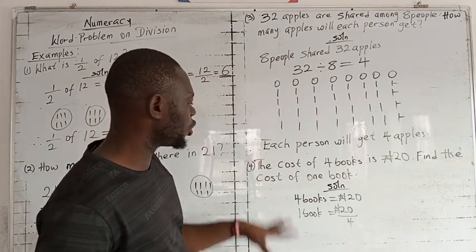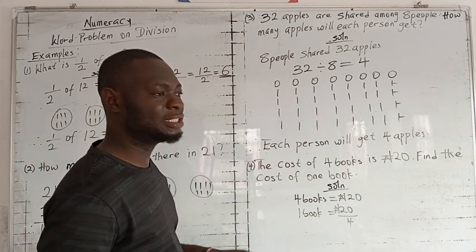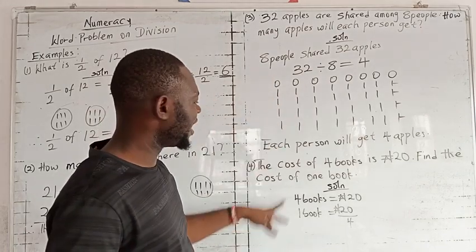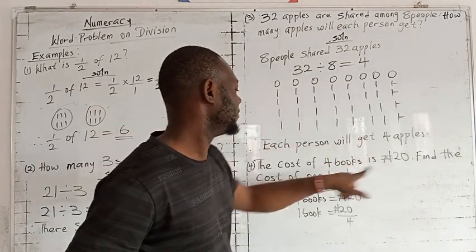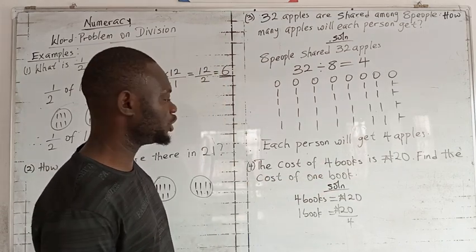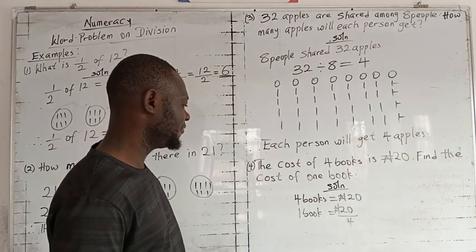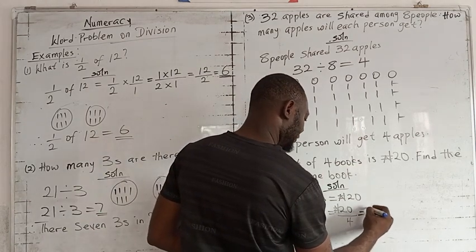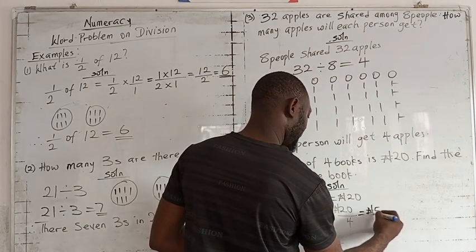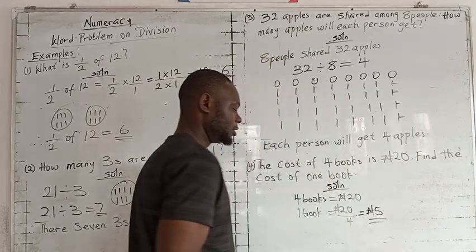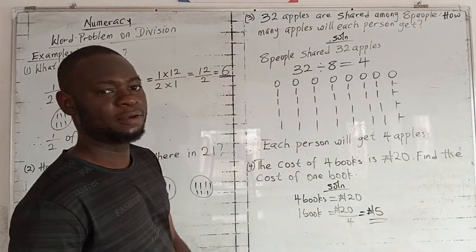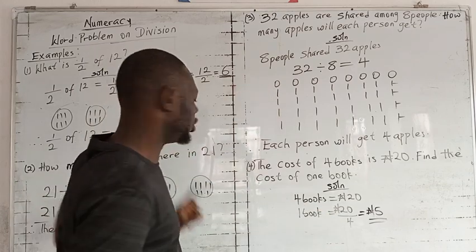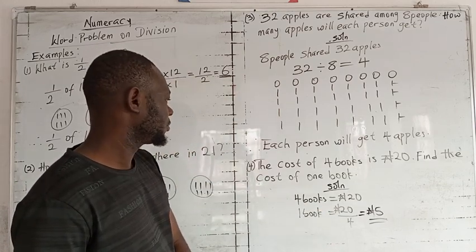To get the cost of one of the books, you divide the total cost by the number of books, which is 20 divided by 4. And 20 divided by 4 is 5. 5 naira. So one book costs 5 naira. You can check this by using the sharing method or grouping method.